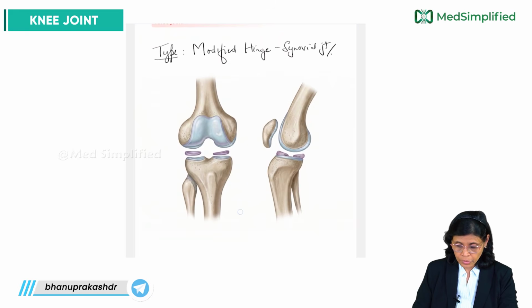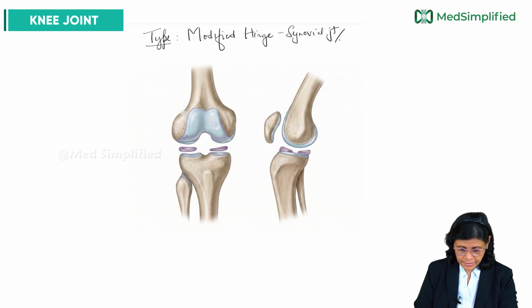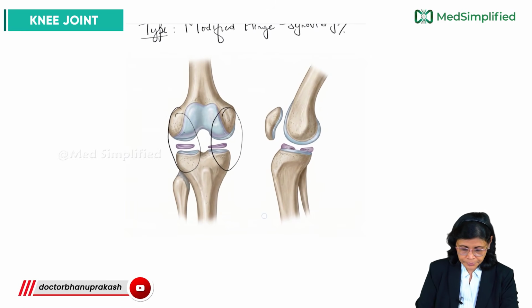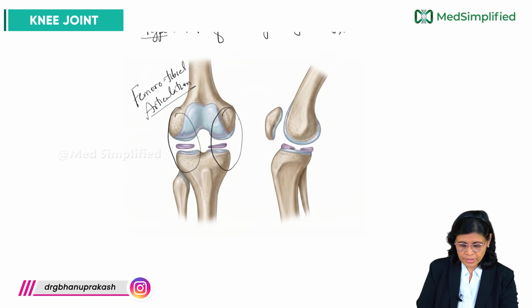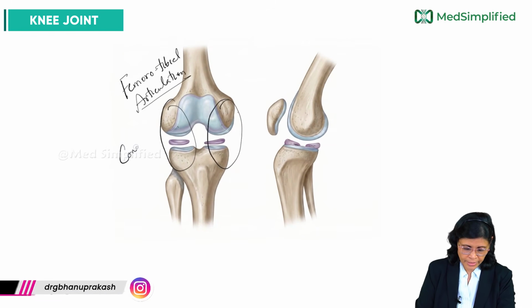It is also a compound joint because it consists of three articulations. There is the lateral as well as the medial femorotibial articulation. This is condylar type because both the condyles of the femur and the tibia articulate.